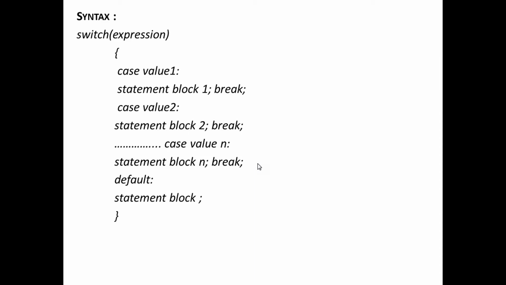Default statement block means if none of the values are satisfied, then it goes to the default and prints that statement. So just remember this syntax. On the basis of this syntax, we are going to see one example of the switch case. Let's start with the example.